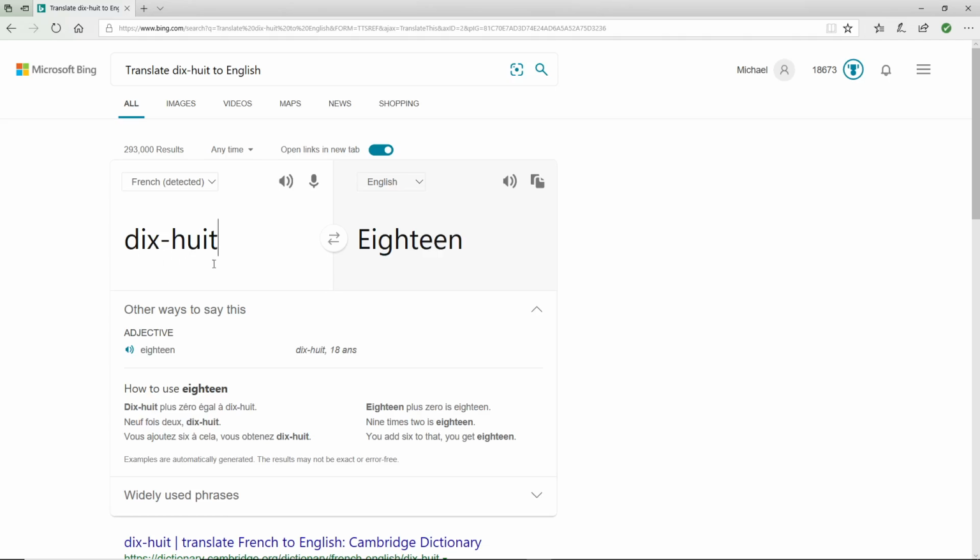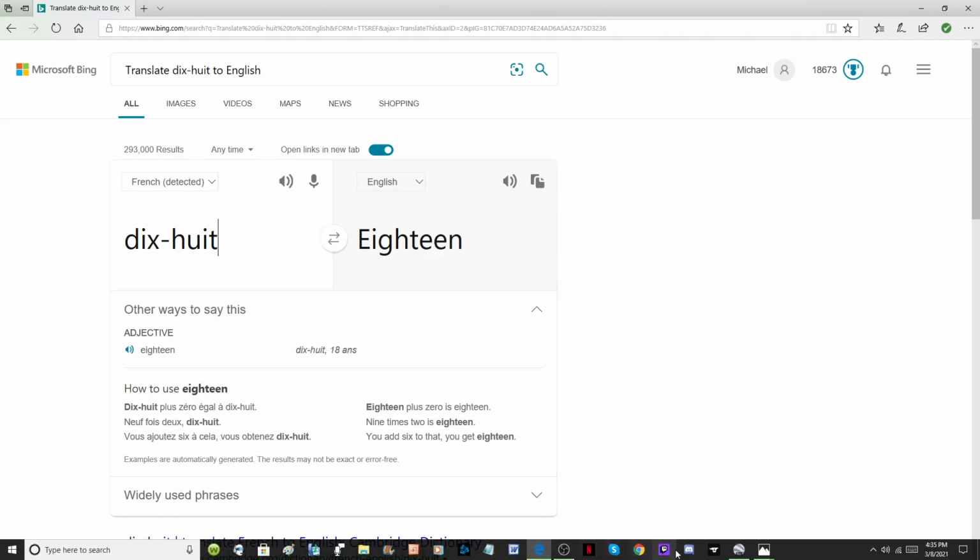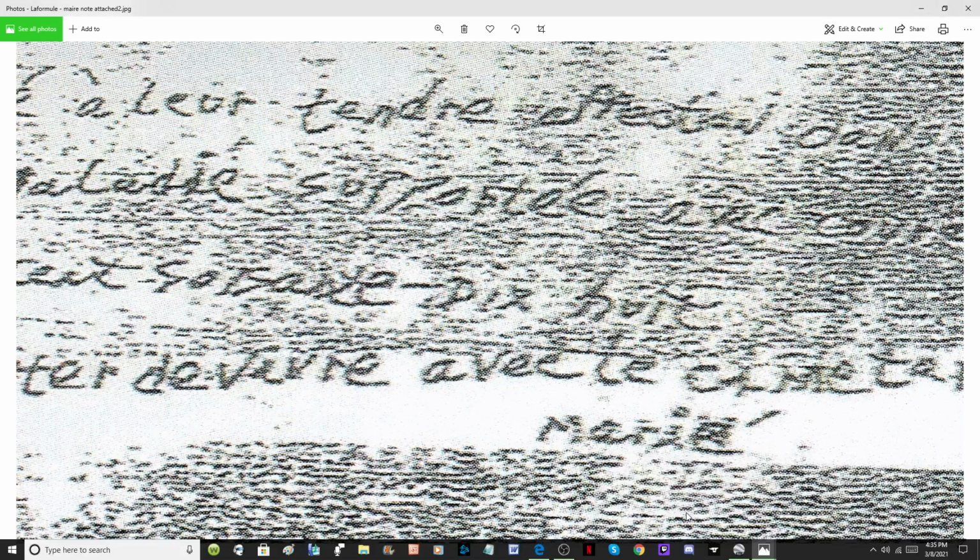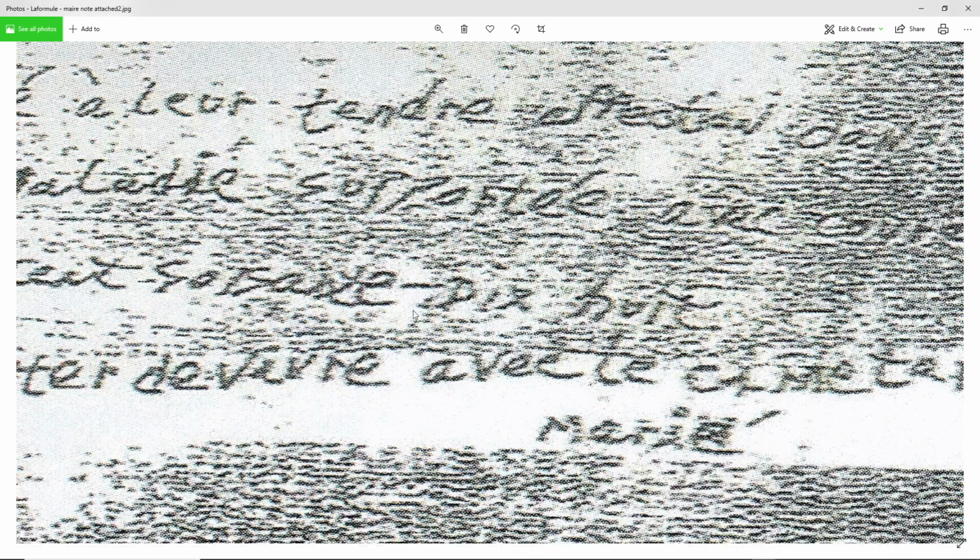Now, notice it's a hyphen right there, but in the document it's a hyphen before.